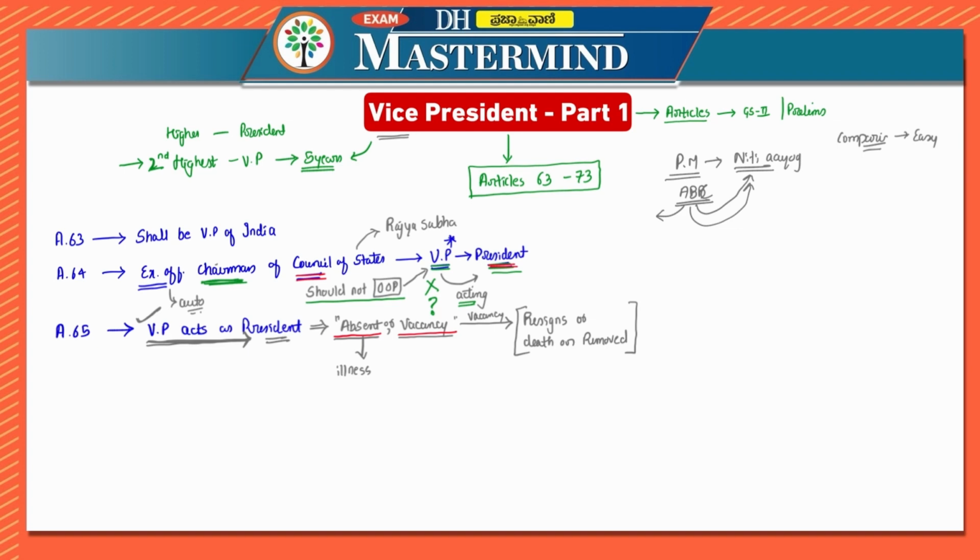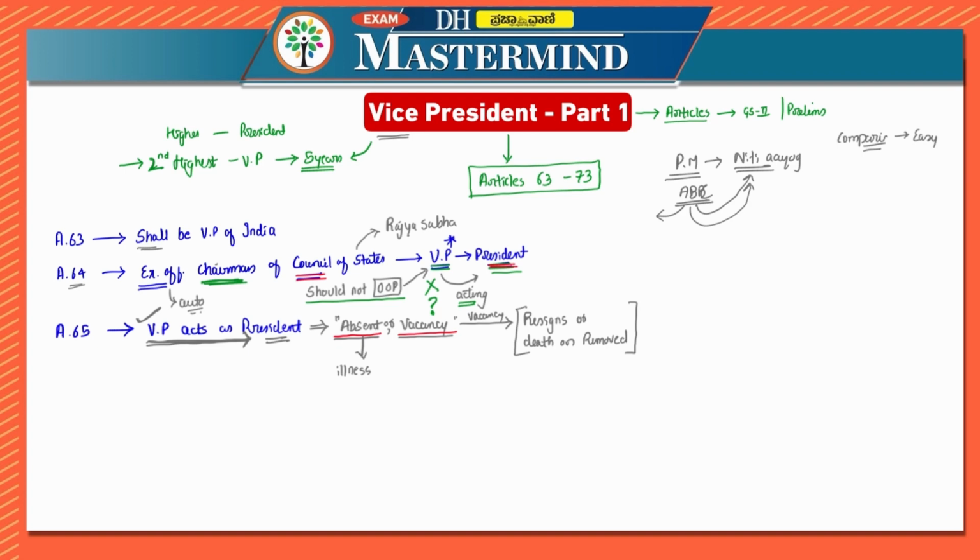So let's quickly revise them. Article 63 says that there shall be a Vice President of India. Article 64 says that the Vice President is ex officio chairman of the Council of States, that is, Rajya Sabha.